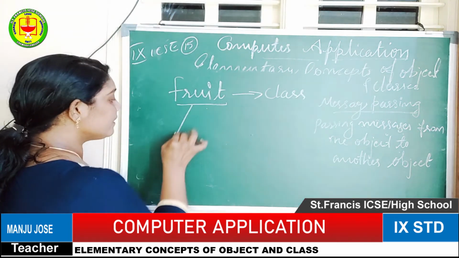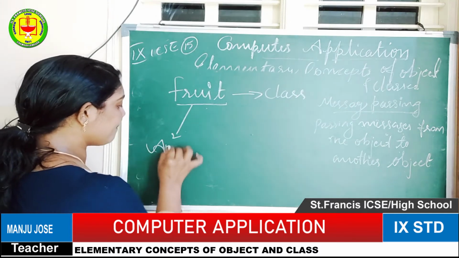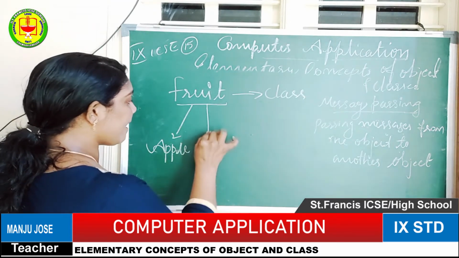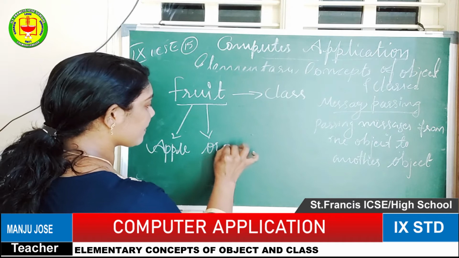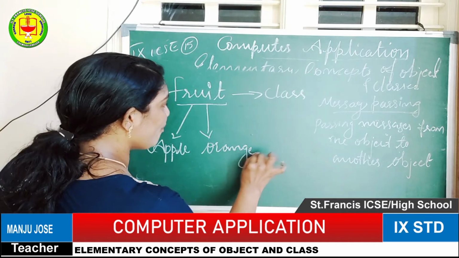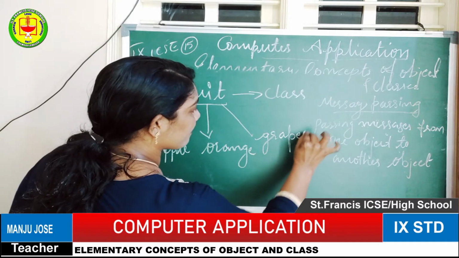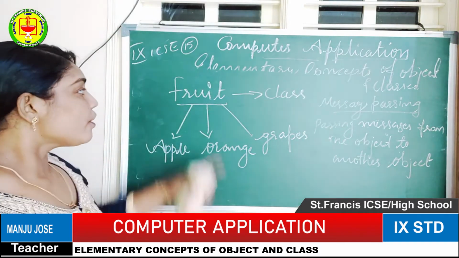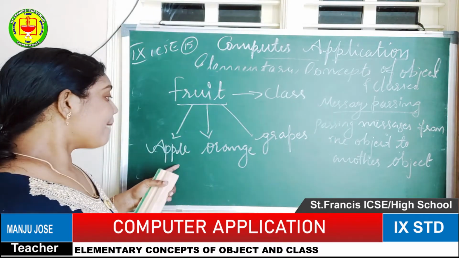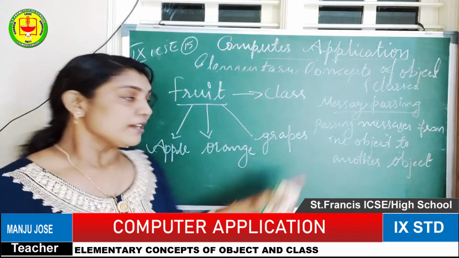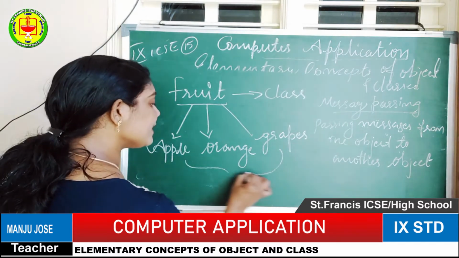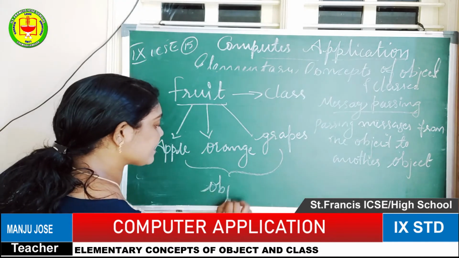For example, apple, orange, grapes. So fruit is a class, and apple, orange, grapes we can consider as objects.